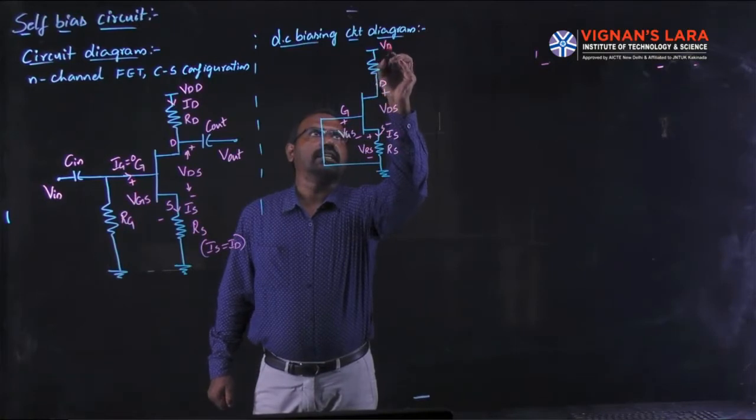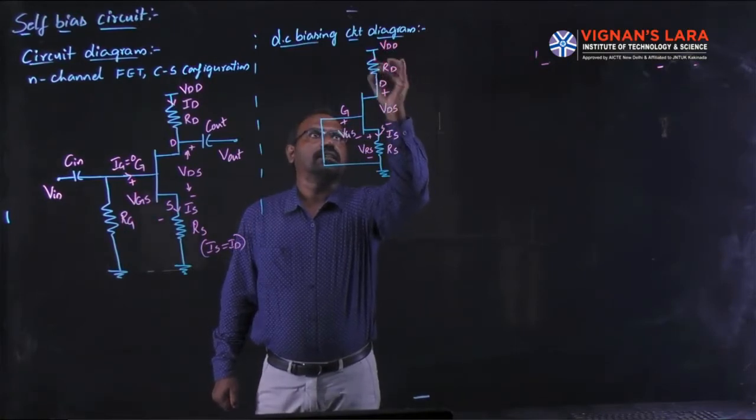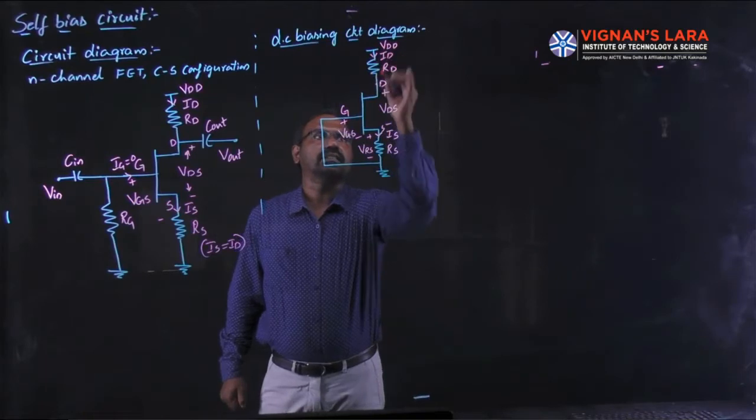This is VDD, RD, the current flowing through it is ID.